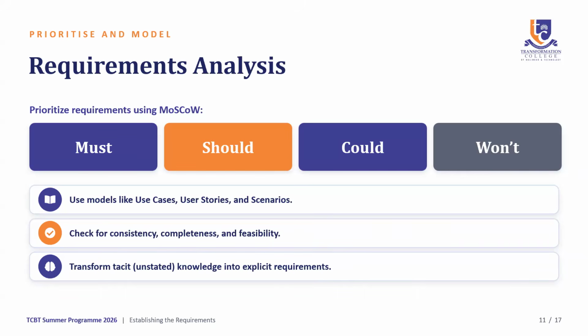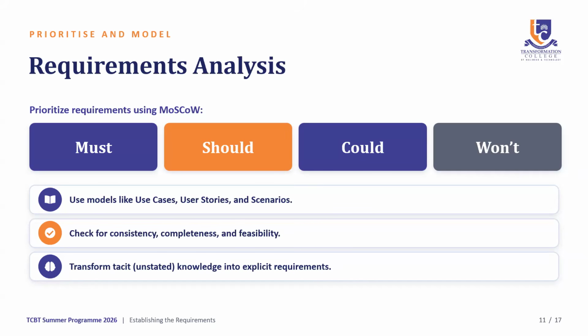Examples are advanced features, integrations, and customization options. The business doesn't necessarily need them, but if you could add them, they would add efficiency or more effectiveness to the solution. Then the won't is explicitly out of scope, and if you engage in that, then you are going into scope creep.